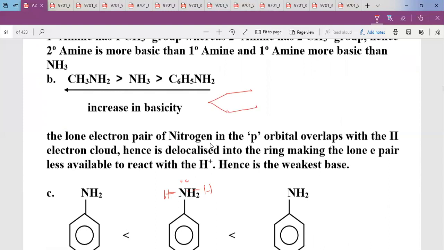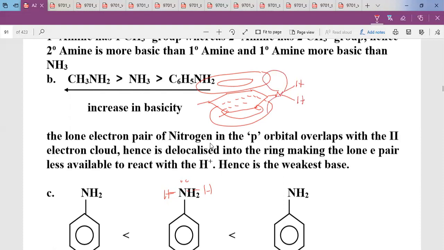Remember, the benzene ring is a flat molecule, and we have the pi electron cloud here, up and down as well. I won't draw the hydrogens here, you can fill it in yourself. But there's a nitrogen here, and this is all flat because it is sp2. So the lone electron pair is here in the p orbital. They're able to resonate or delocalize.